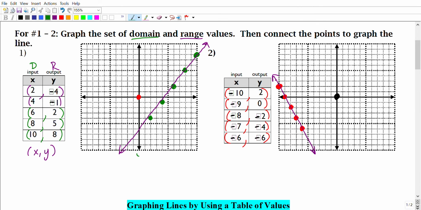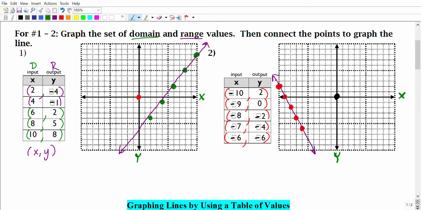Remember, this down here is your y-axis, and this right here is your x-axis. Similar on this side, x-axis, y-axis. I like to make sure that those are on there, guys, because we need to get used to understanding which direction we're moving to first. Always on the x first, so always left and right, and then up and down on the y-axis.